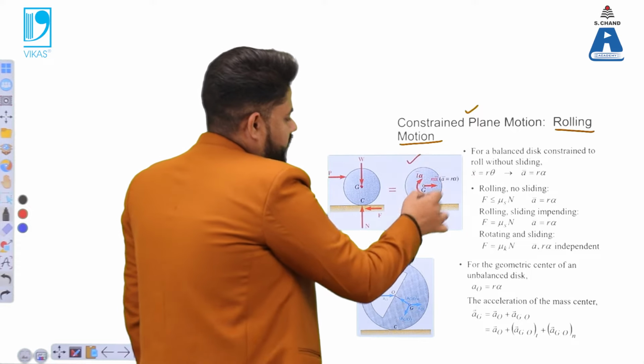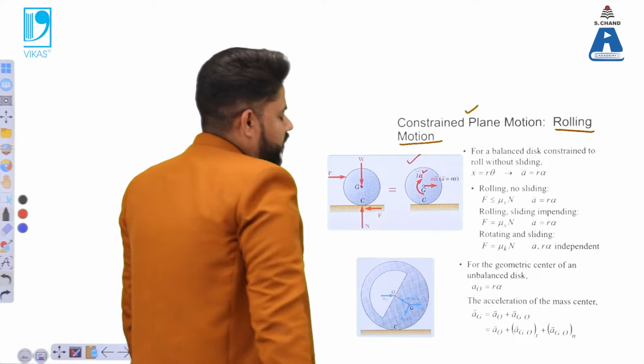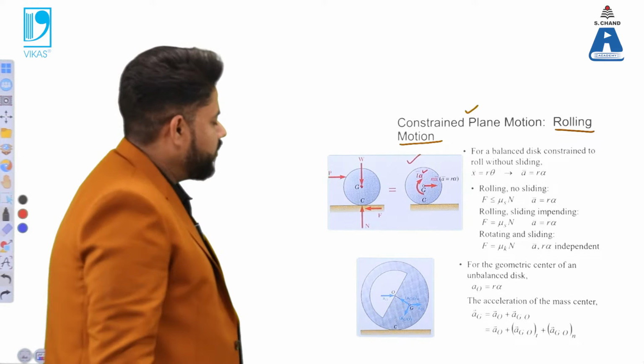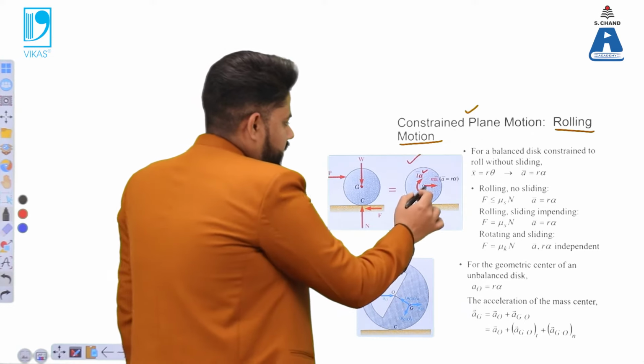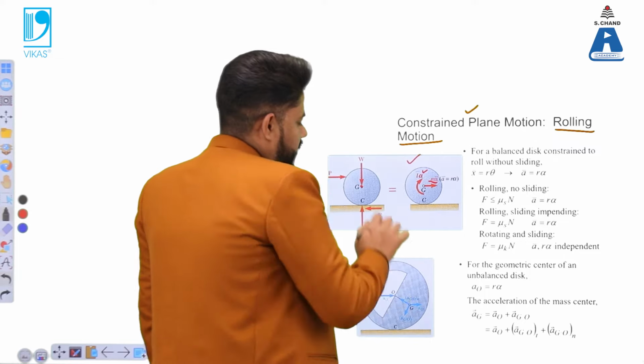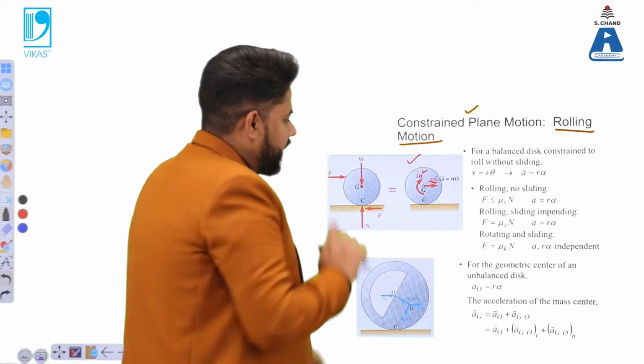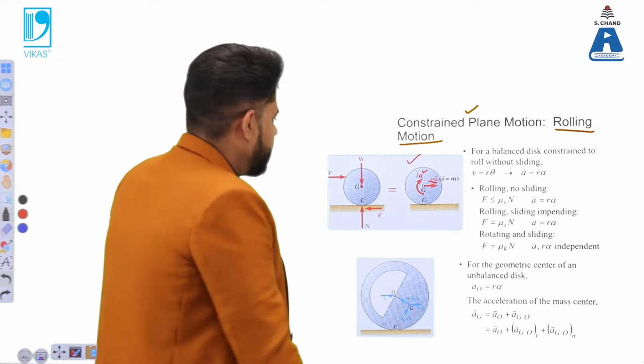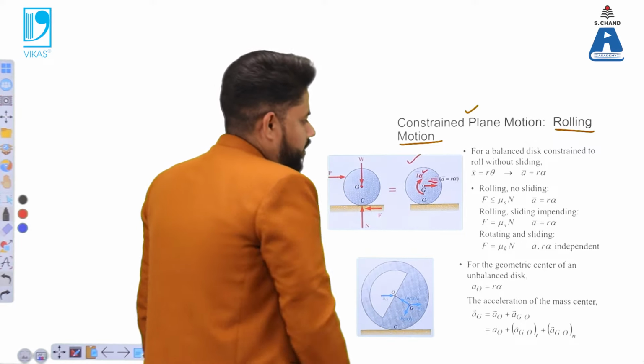While the body starts rotating, it undergoes a moment of inertia with the angular acceleration, and the force with which we are pushing this object is equivalent to mass into acceleration.